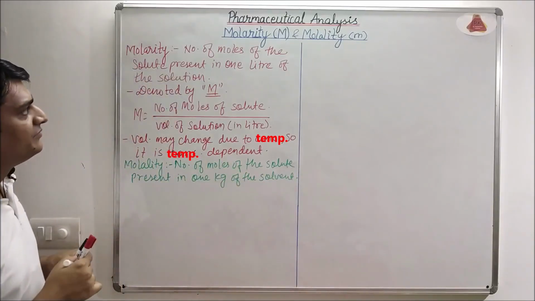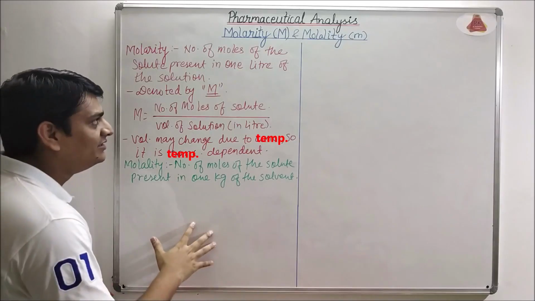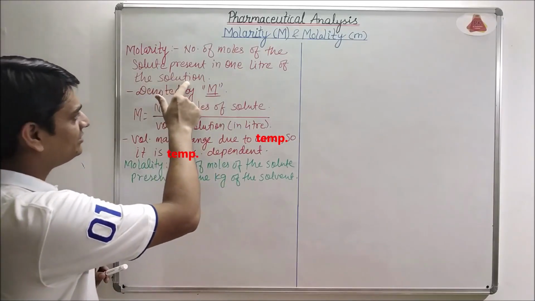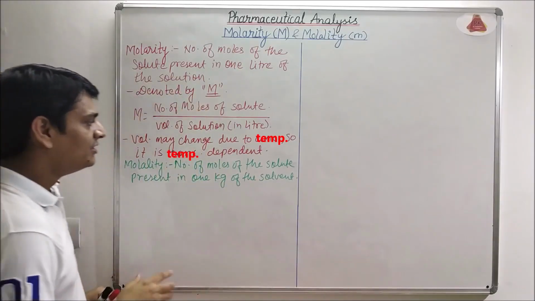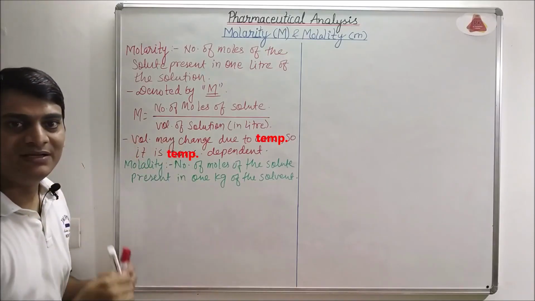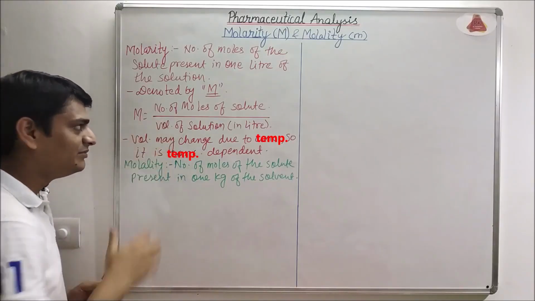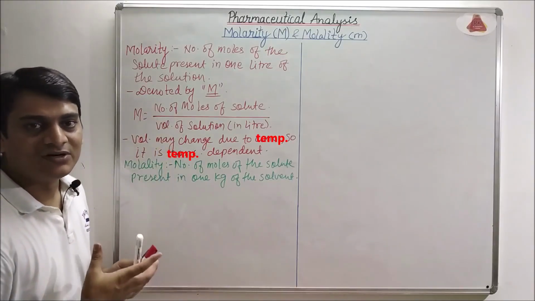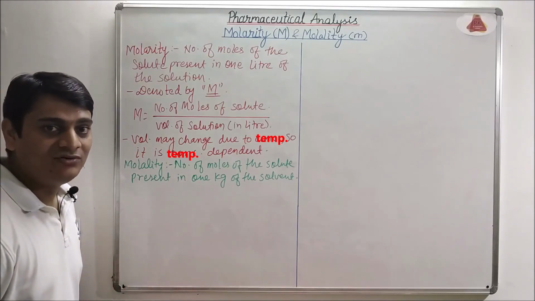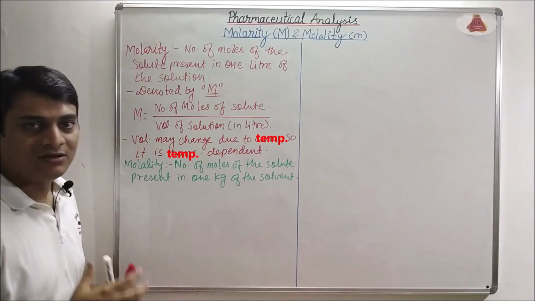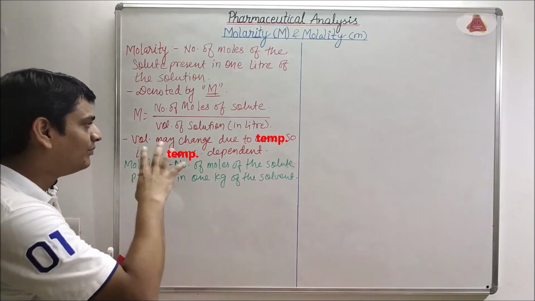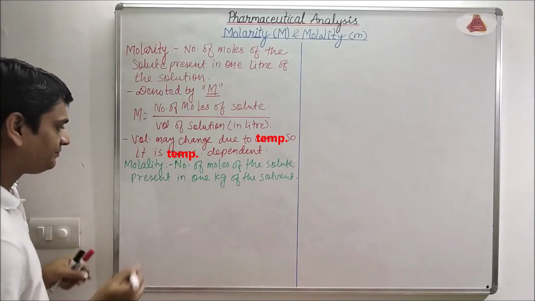So the difference between molarity and molality is that here it is the solution and here it is the solvent. Molality is denoted by small m, and the formula for molality is equal to number of moles of solute divided by mass of the solvent in kg.